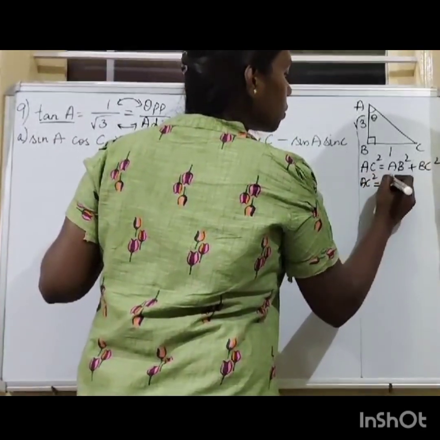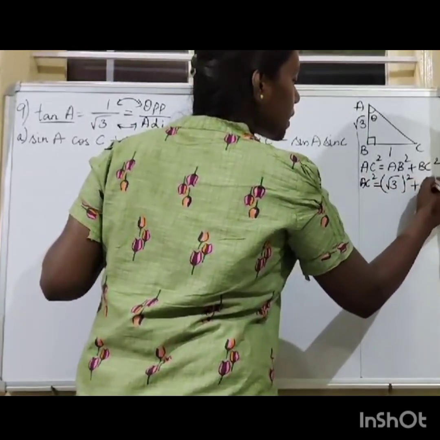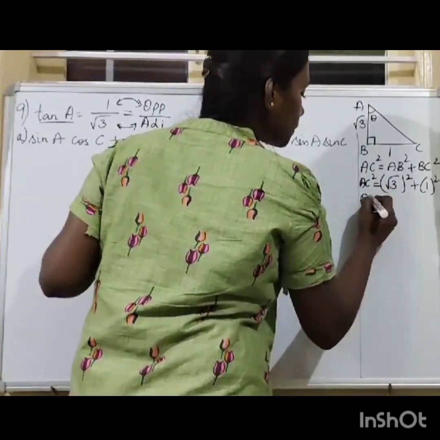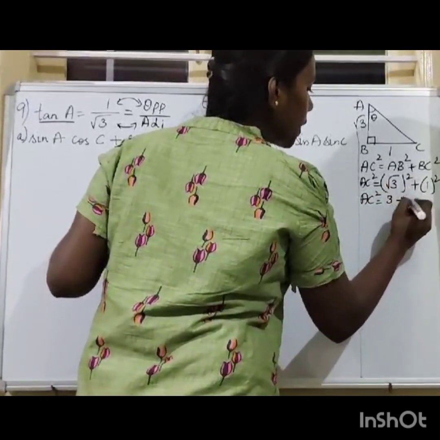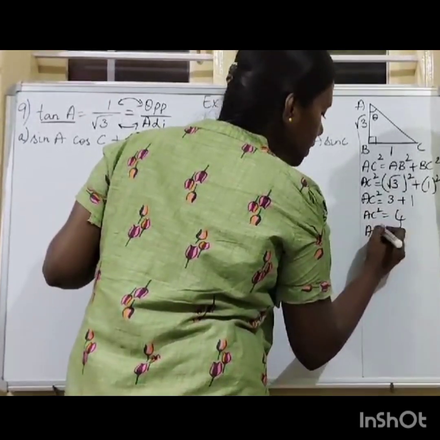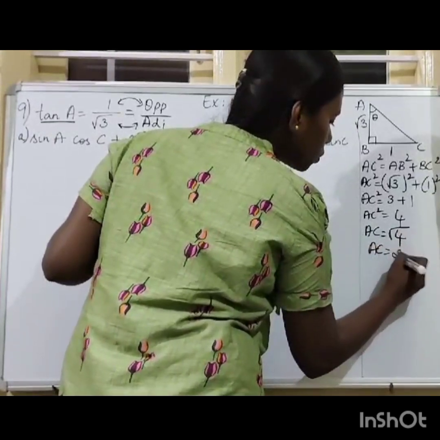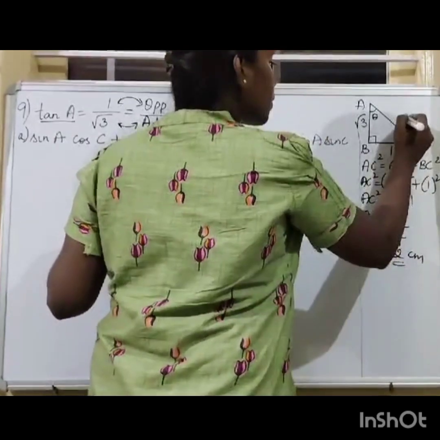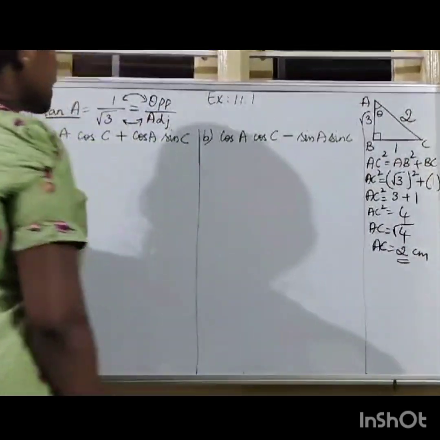AC square is equal to AB is root 3 the whole square plus BC is 1 the whole square. AC square is equal to root 3 the whole square is 3 plus 1. AC square is equal to 4. AC is equal to square root of 4. AC is equal to 2 centimeter. So we got the value of AC as 2.